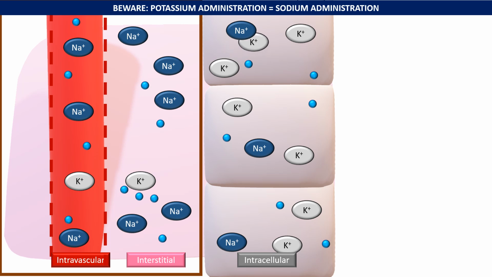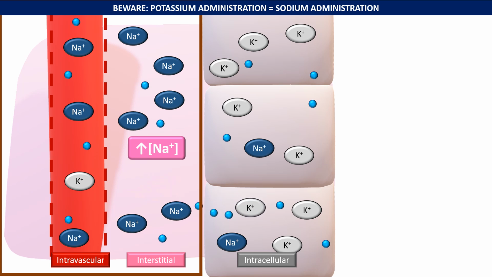This leads to either an extracellular shift of sodium, which would increase the extracellular sodium concentration, or intracellular water shift along with potassium. The loss of extracellular water in the second scenario can also increase the extracellular sodium concentration. For these reasons, be aware that the administration of potassium can increase serum sodium concentration exactly as if the patient was given the same amount of sodium.